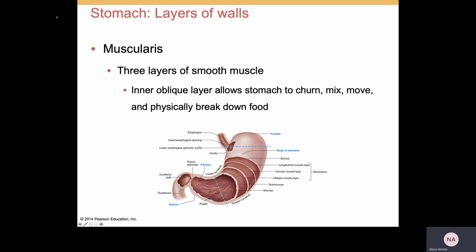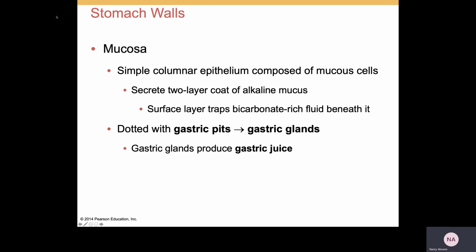We already talked about the 3 layers of smooth muscle in that muscularis externa. There you have another diagram of that, and it tells you once again why that's important. The mucosa is simple columnar epithelium, and it will also have mucus cells. The mucus is going to be a bilayered coat.